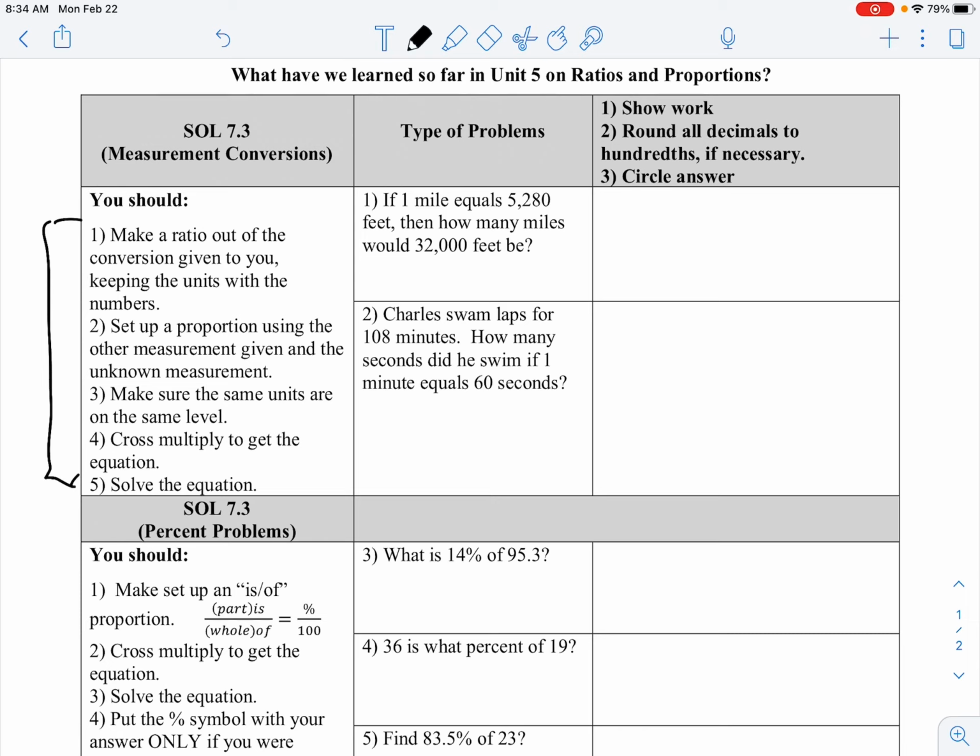We want to be sure that we're doing all the steps and following all the directions. So round decimals to hundredths if necessary, so keep that in mind.